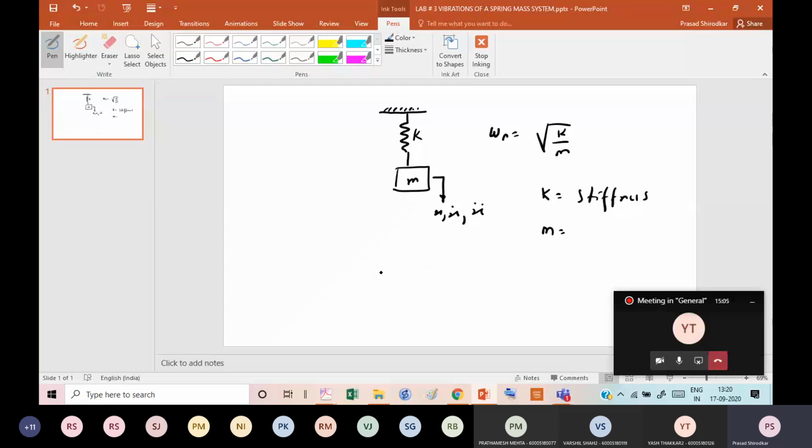Okay, find time for 10 oscillations, then divide that total time by 10. That will give you time for one oscillation.